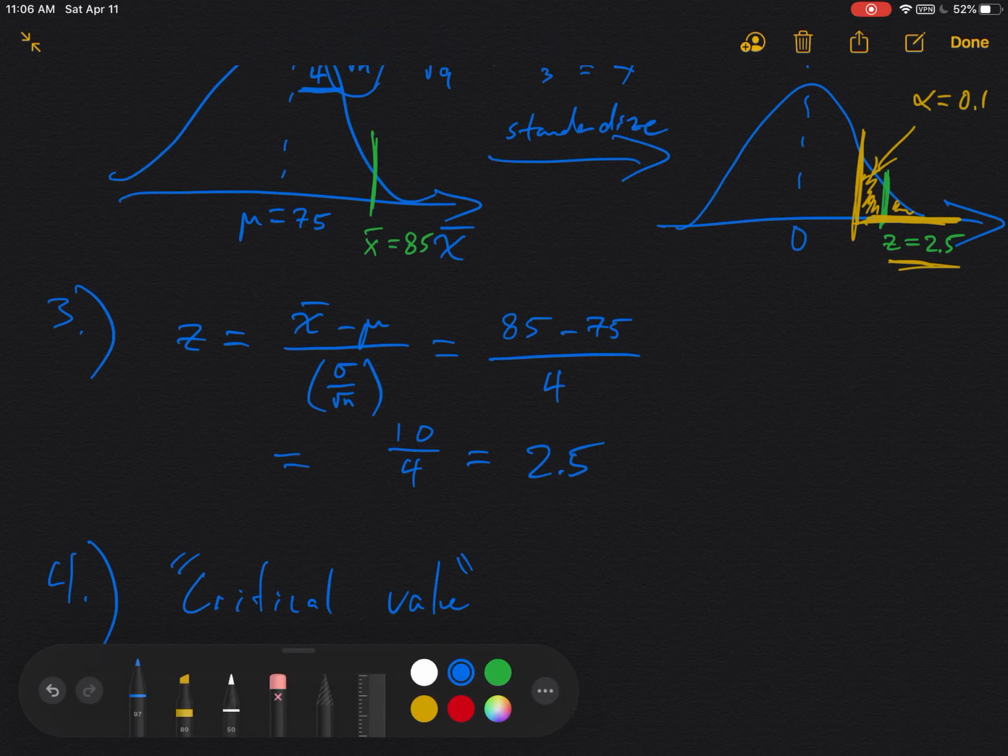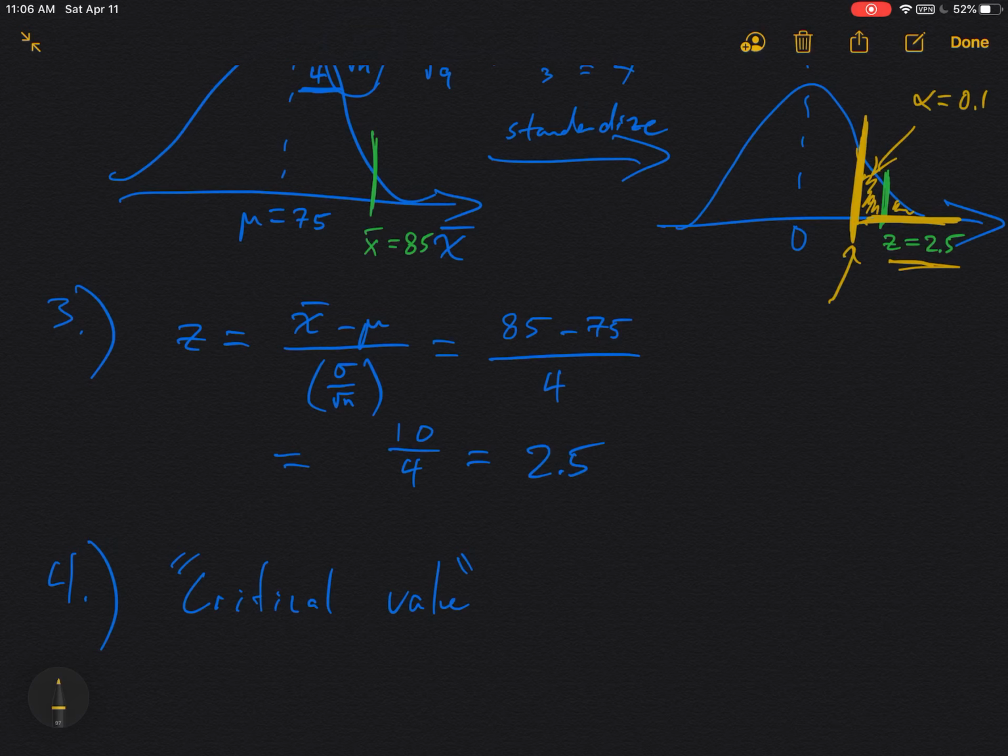So the critical value approach is this. We know that our z-value is 2.5. The critical value is going to be this value here, the one that's represented by this vertical bar. What we'll say is that if our z-value is bigger than the critical value, in other words, more extreme than the critical value, then we will reject the null hypothesis, because we're getting a z-value that's way to the right relative to where the teacher said we should be.